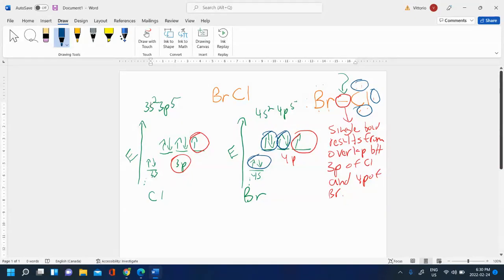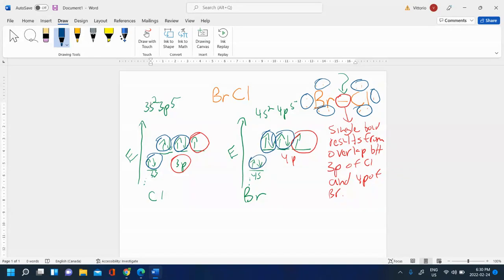And I circled the wrong one. Let me just redo that. I looked at my bromine diagram by accident, but it's very similar. For chlorine, these are the lone pairs. And for bromine, we have them here, here, and here, which are represented here, here, and here.